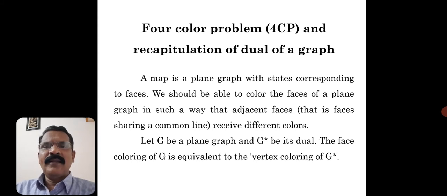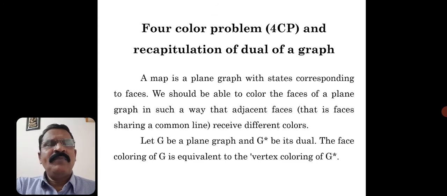In the plane graph you will get the faces, interior faces, and one exterior face will be there. So overall, a map is a plane graph. Of course, it is a planar graph embedded in the plane. A map is a plane graph with states corresponding to faces. Very interesting. A map is a plane graph with states corresponding to the faces.